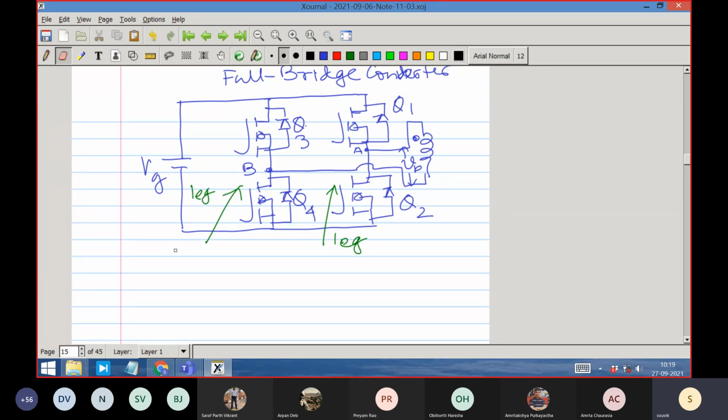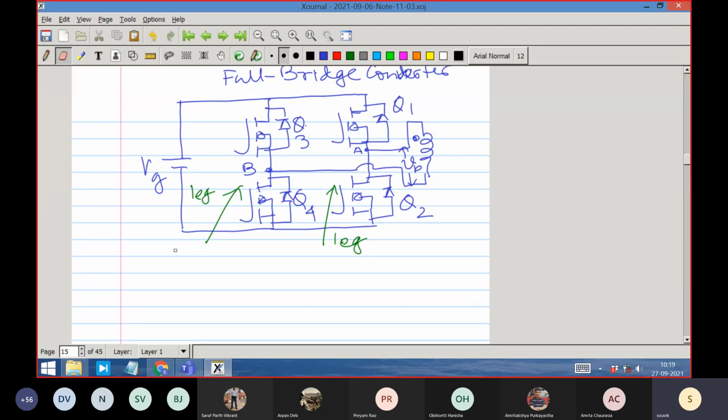Because we are controlling things. The concept of duty ratio means control, right? We are not always looking for maximum voltage, we are always looking for a controlled voltage, and the control is D. Again, I repeat, V naught is equal to D Vg. Why are we using D?